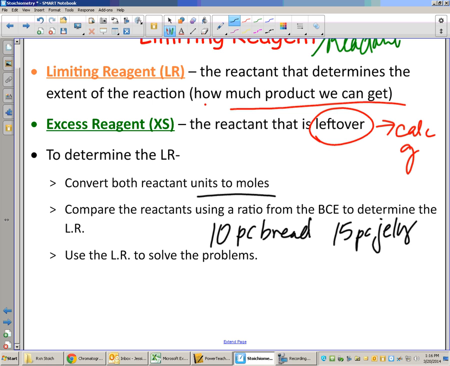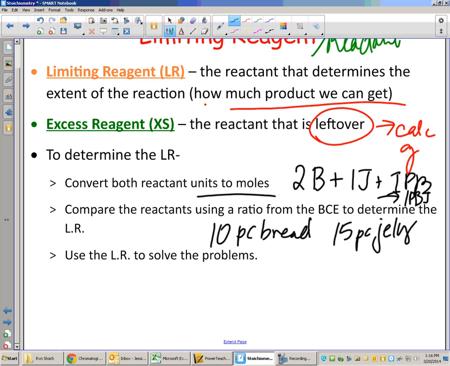So we have 10 pieces of bread. We have 15 pieces of jelly. In our case, we ran out of bread first, right? Well, what I've done here is this is my moles of bread and my moles of jelly. And my recipe was like 2 pieces of bread plus 1 jelly plus 1 peanut butter makes 1 PB&J.